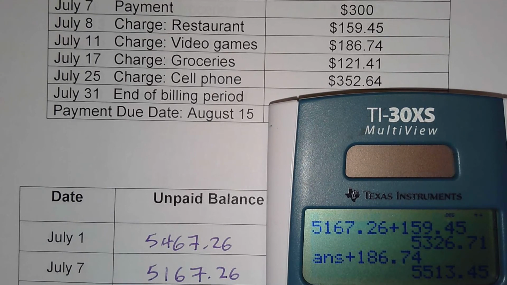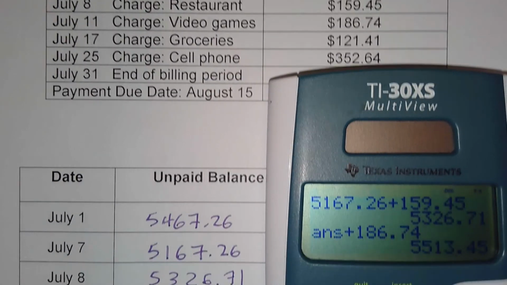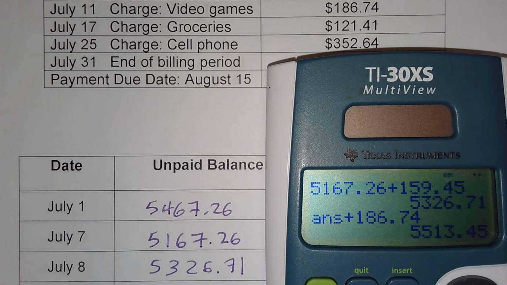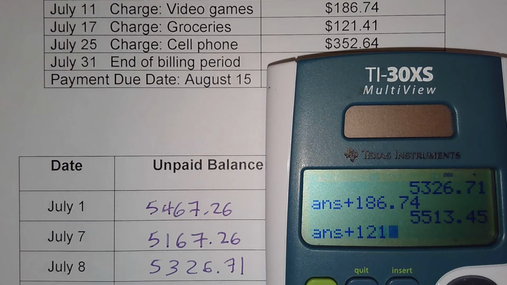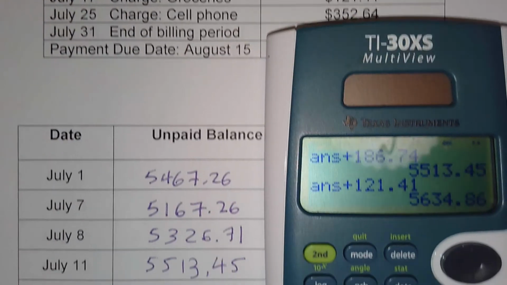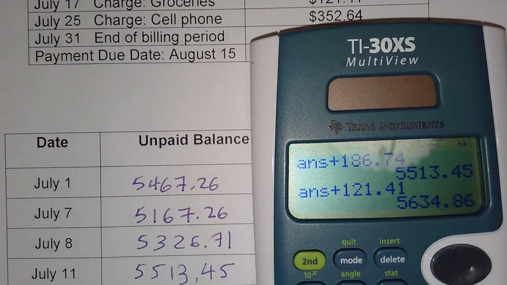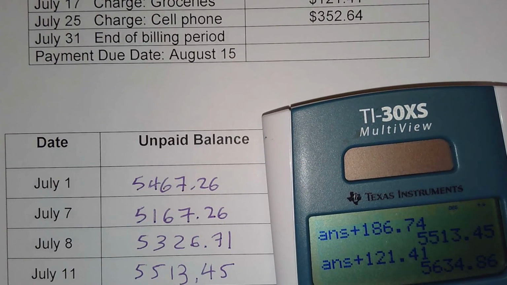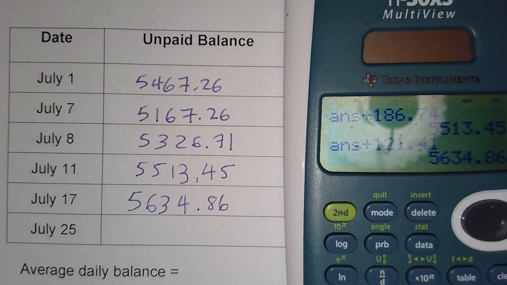So that'd be 55, 13, 45. Then we have a cell phone charge. I'm sorry, we have groceries charge, excuse me. Skip that one, that was 121.41. And then finally, there was a cell phone charge of $352.64.